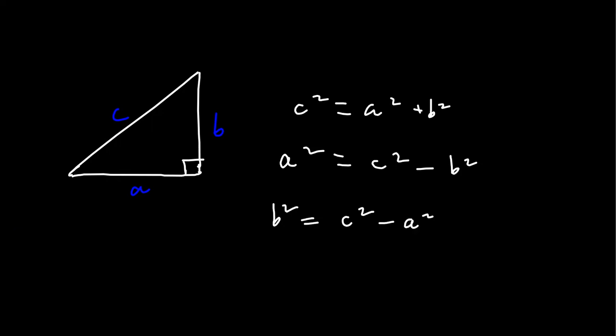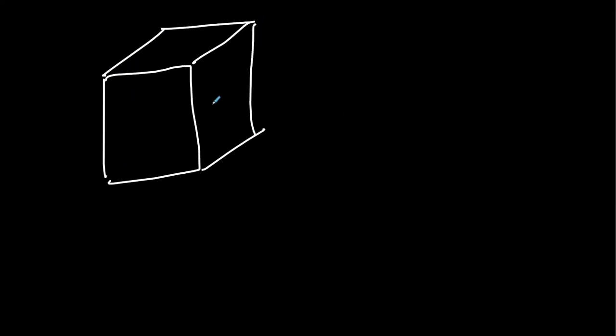And there's actually a 3D version of the Pythagorean theorem that you can use to find space diagonals. Now, what a space diagonal is simply a diagonal in a 3D shape. So this would be a space diagonal, for example.